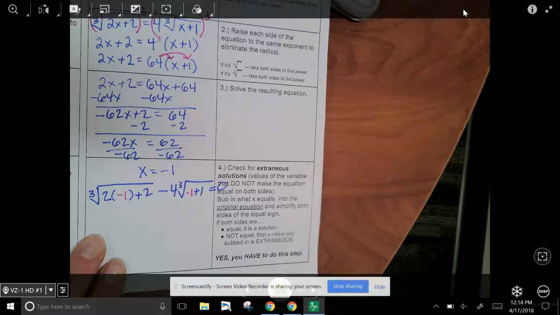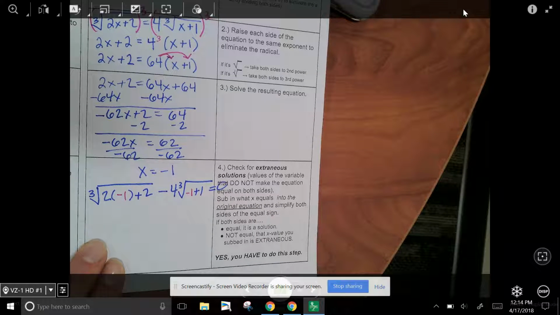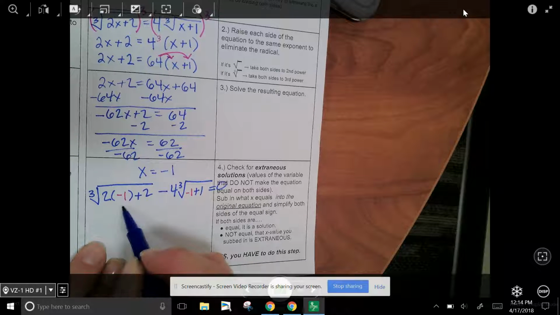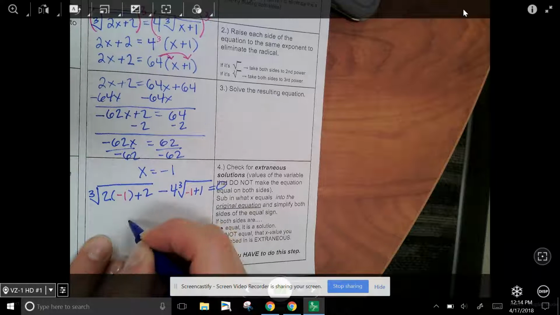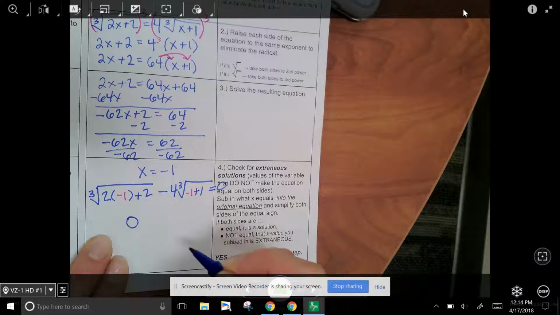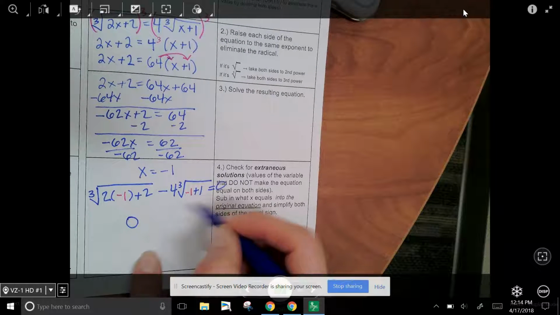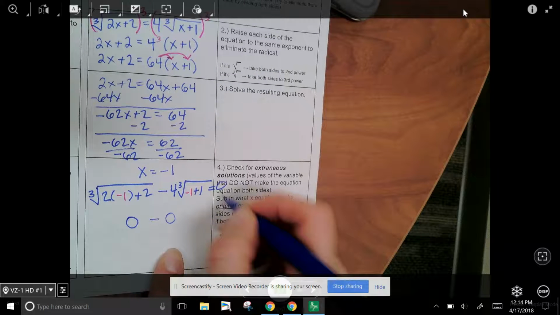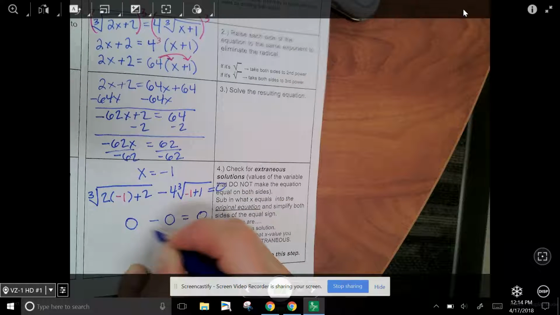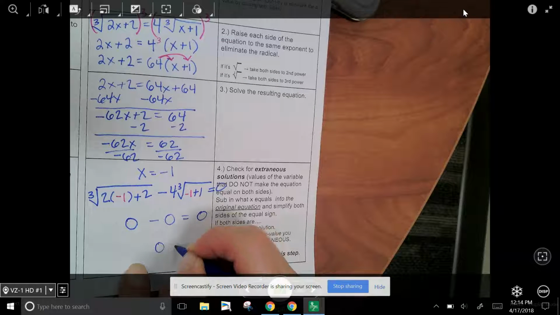And I am going to plug this into my calculator to get an answer. When I plug this side in, I get 0. When I plug this part in, I also get 0, and then I have equals 0. Well, does 0 minus 0 equal 0?